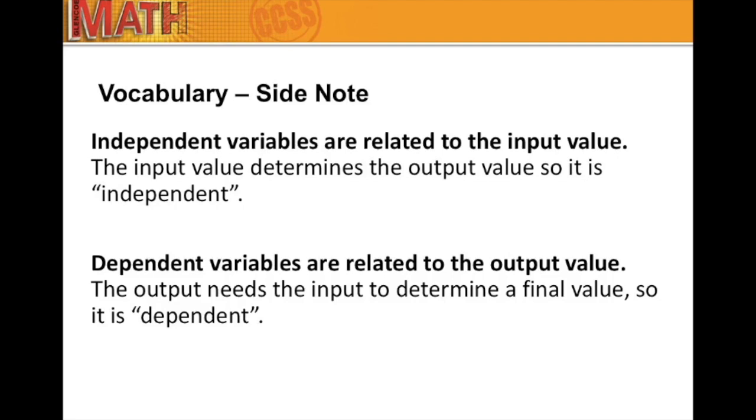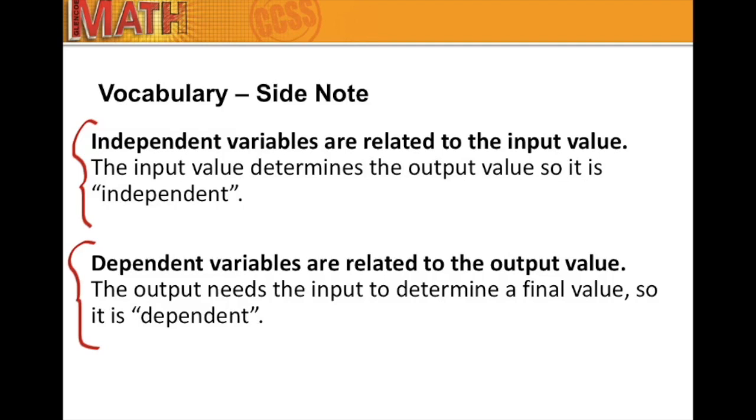So you wrote down what you thought each of those words meant. What I need you to do now is on your vocabulary page, I want you to copy down these two definitions. First is independent variable, and second is dependent. So this will give you a little more information about each. Our independent variables are related to the input value.